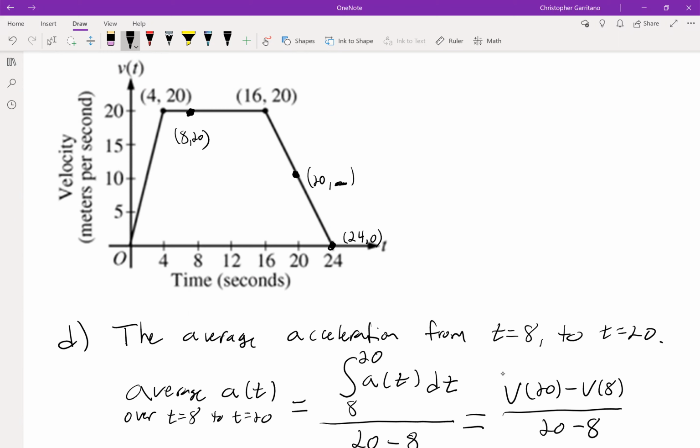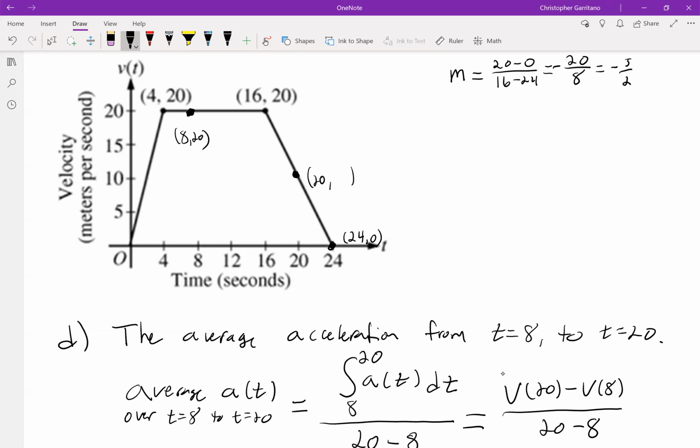Those two points lie on this line, so I can determine the slope. The slope is change in y over change in x, which gives us negative 20 over 8, which is negative 5 over 2.